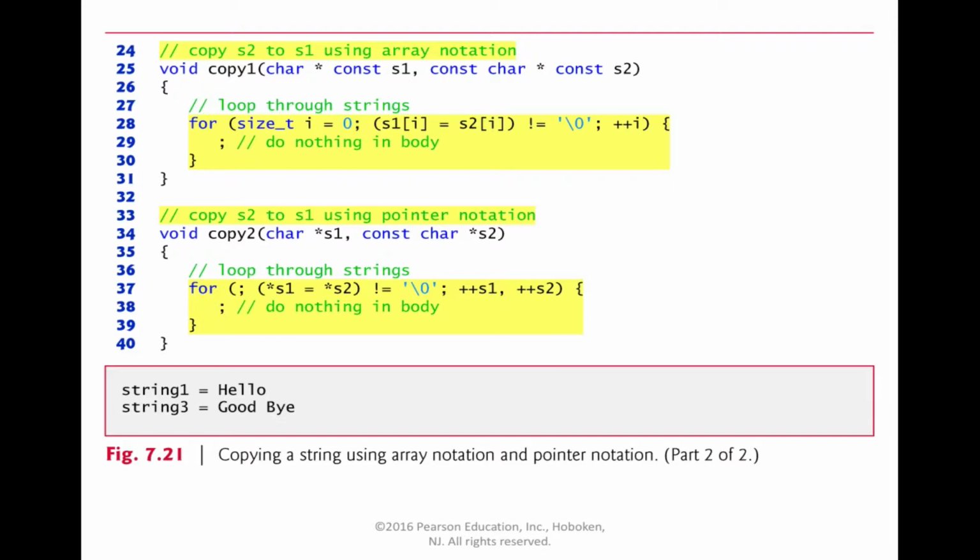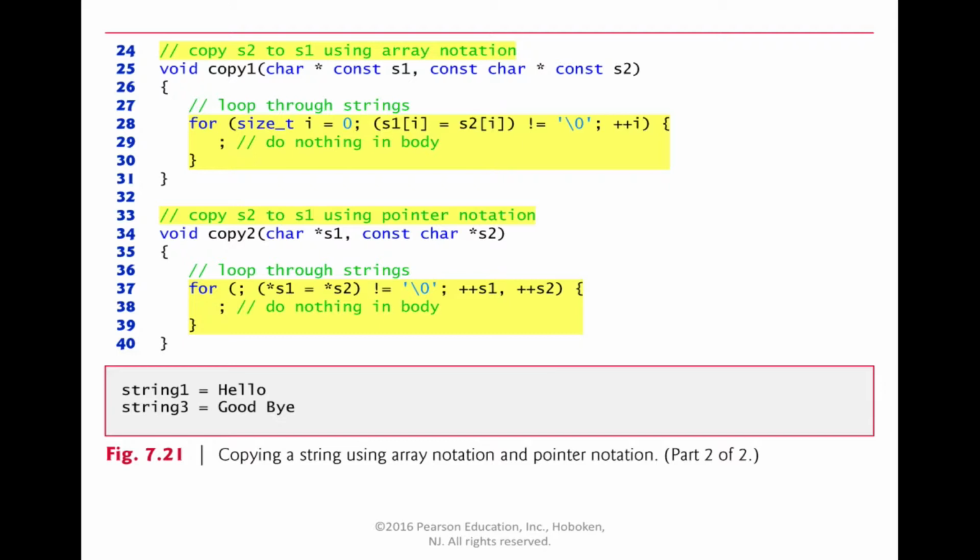And so we're looking at every item in the array, and we are taking the value at that particular index, and we are putting it in the other one. And that's why we have a constant pointer to constant data in S2, and a constant pointer to non-constant data in string 1.